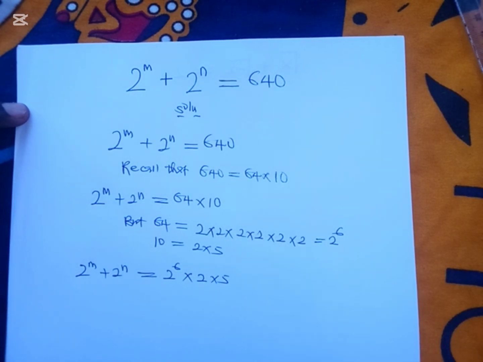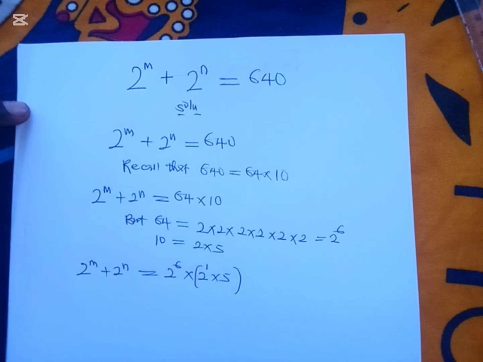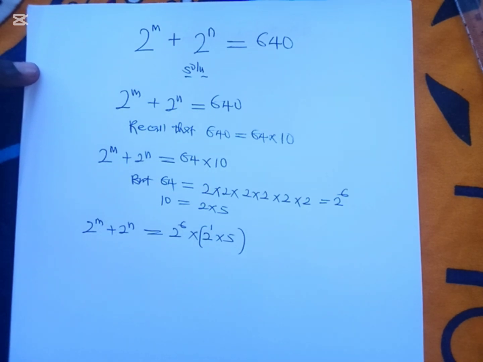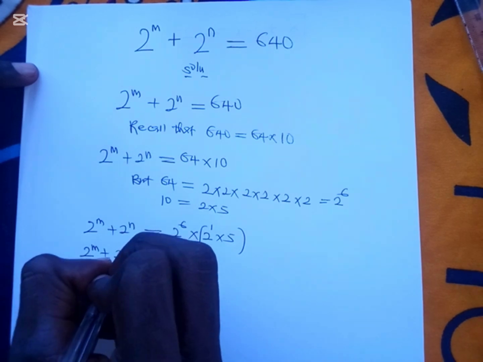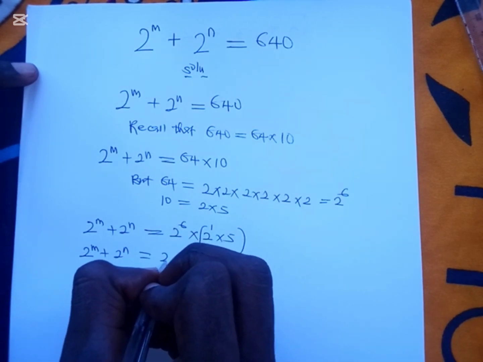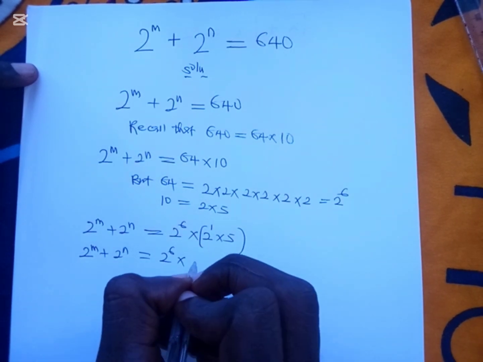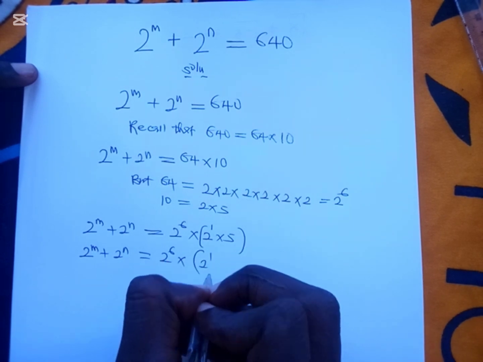Okay, let's put this one in the bracket form. Okay, now we know this is having a power of 1 also from indices. It continues. Now we have 2 raised to the power m plus 2 raised to the power n is equals 2 raised to the power 6 multiplying by 2 raised to the power 1 times.